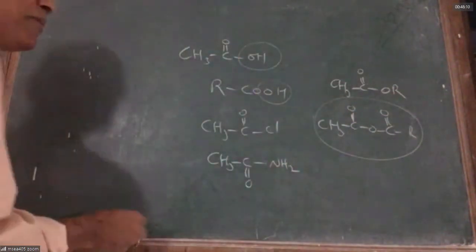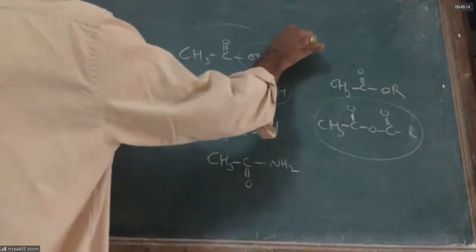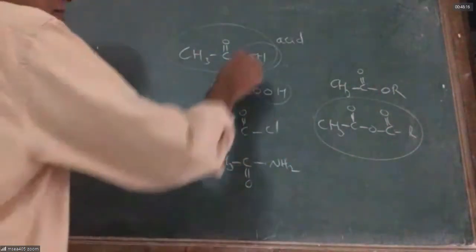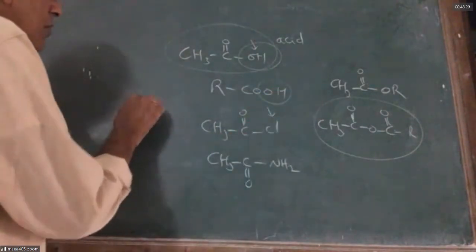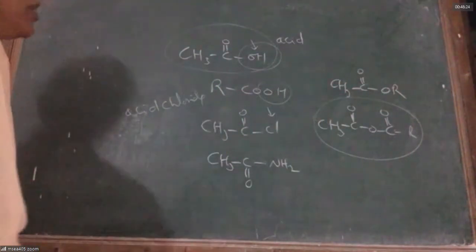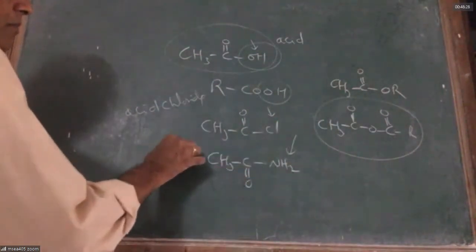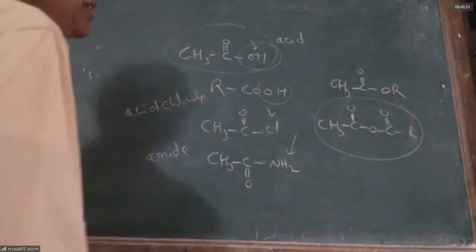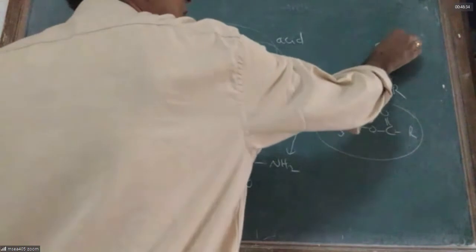See, be familiar with names. RCOOH is called carboxylic acid. If the OH minus is replaced by Cl minus, it is called acid chloride. If the OH minus is replaced by NH2, it is called amide. If the OH minus is replaced by an alkoxy group, it is called ester.